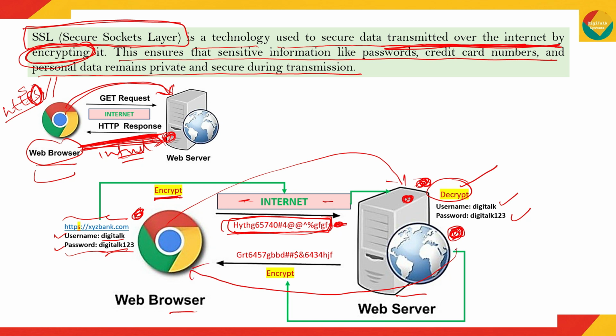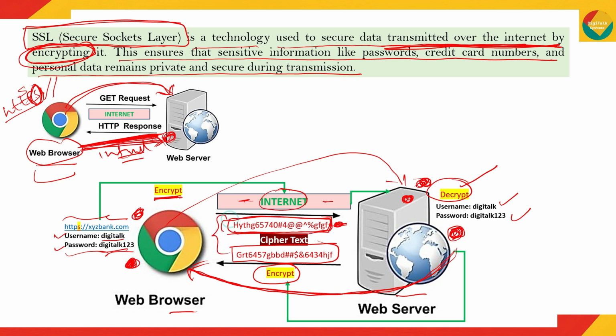Again the response will be transferred over the public internet, so the data coming back from your server to your browser will again be encrypted, something like this. And once it reaches your browser, it needs to be decrypted.